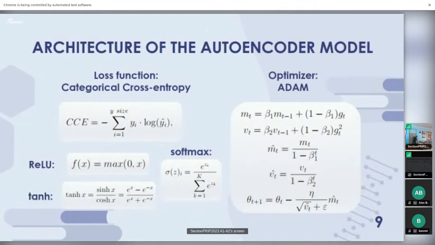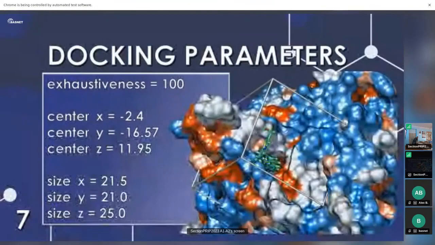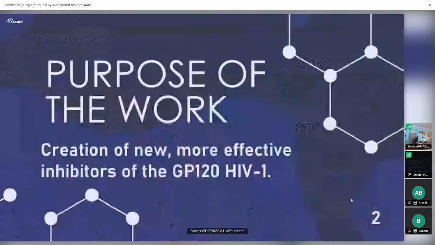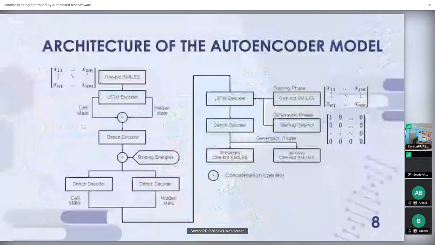On the dense layers we used GELU, on the LSTM we used tanh, and at the last dense layer we used softplus function.